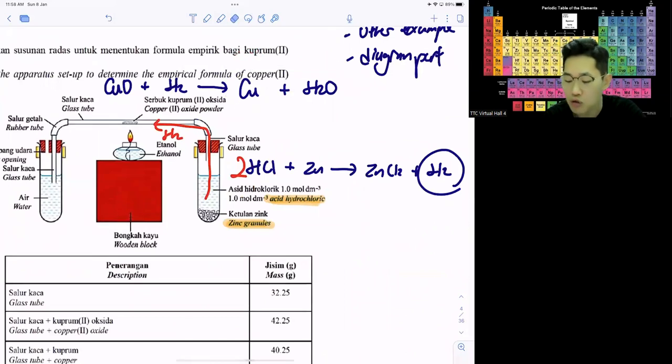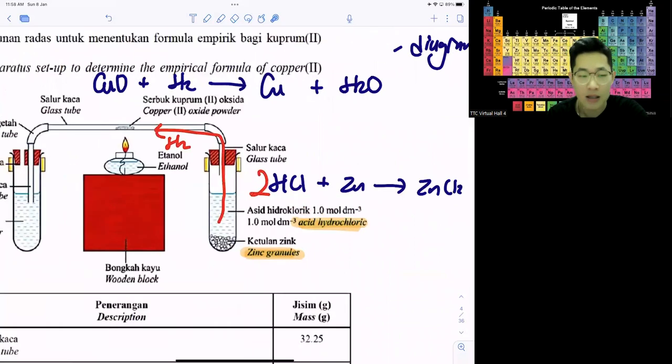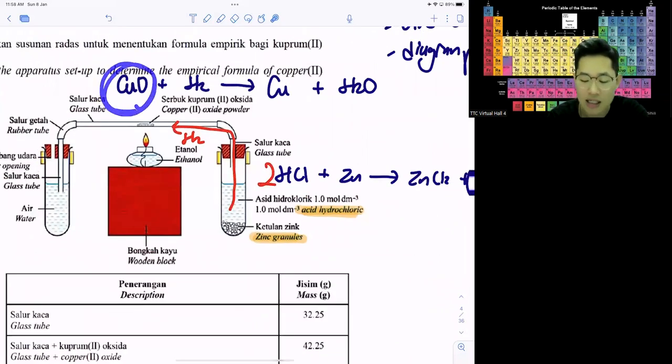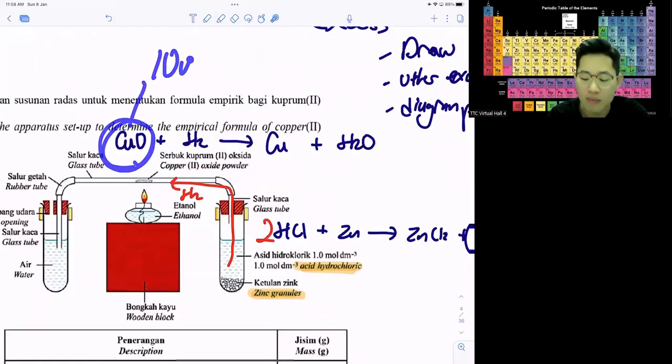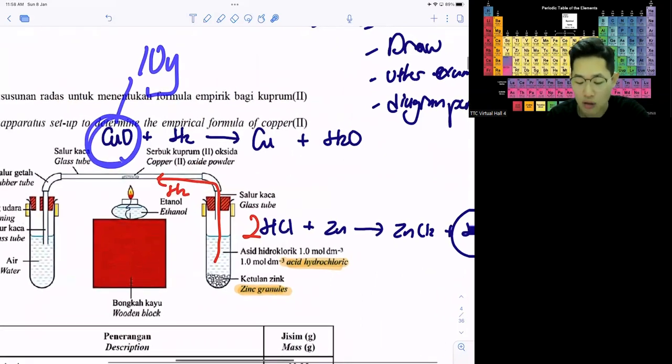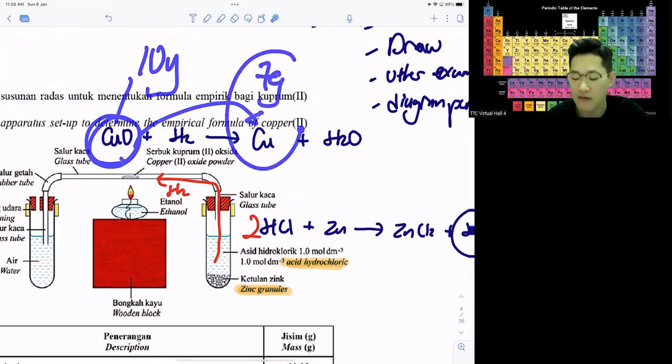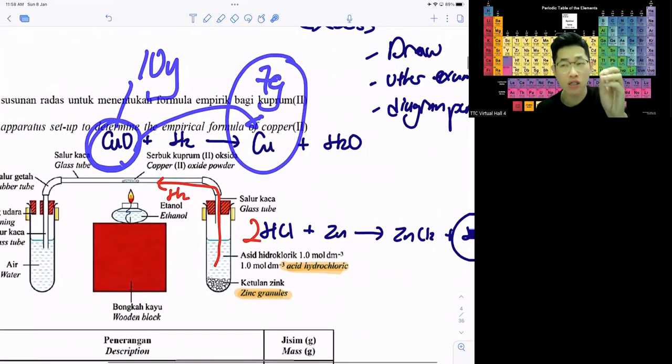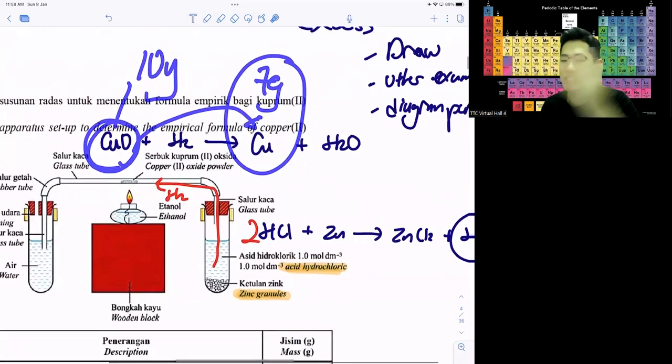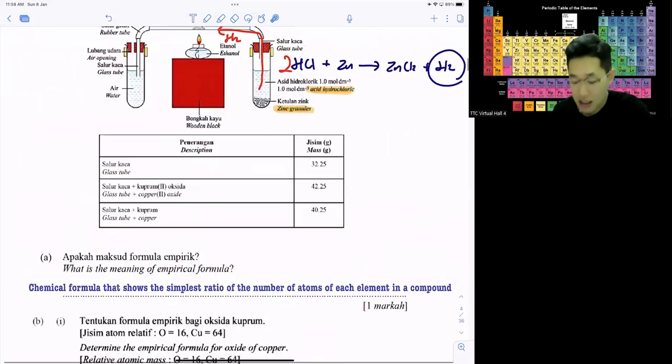So the reason they want to do this is they want to see inside the CuO, let's say 10 grams, after the reaction, how many grams of Cu are left. Maybe after the reaction is 7 grams of Cu left. Then they know, oh, the oxygen that 不见了的 will be 3 grams. Okay, then this is how they got the result.